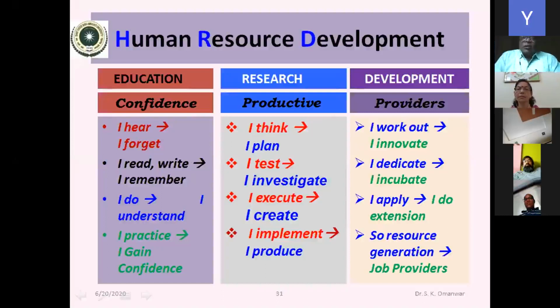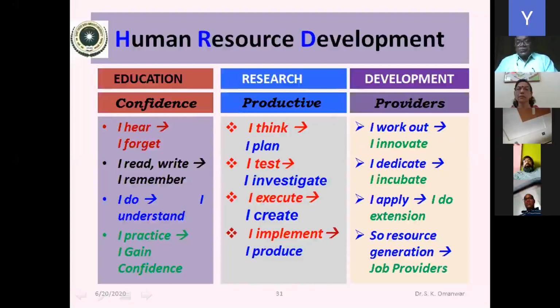Research career should be productive. It means we should focus our research activity, which we have explained a little bit, that research should be practical and product oriented. I plan, I test, I investigate, I execute, I create, and then I implement, I produce.